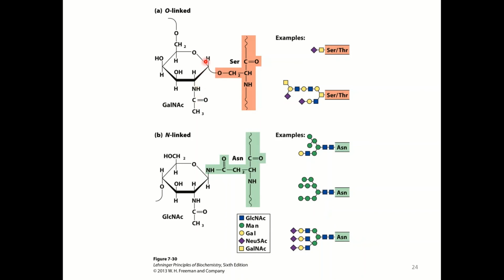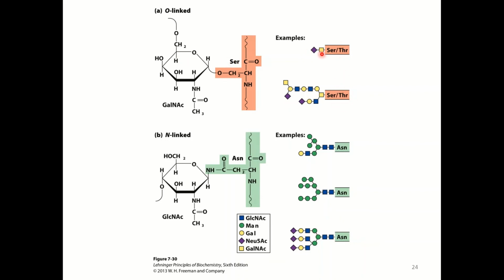Here it's attaching via an oxygen group on an amino acid side chain, shown here as a serine. This is what we refer to as an O-linked glycan or sugar. These O-linked sugars are going to be at a serine or at threonines.